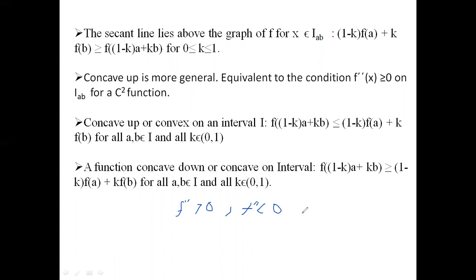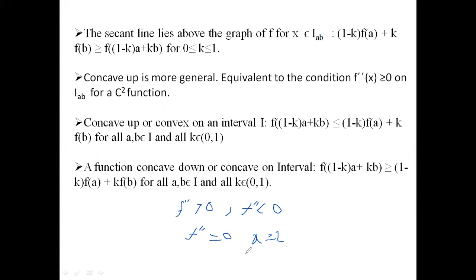So first one finds those points where f double prime x is equal to 0, and solving this equation for x, we will get a value of x.